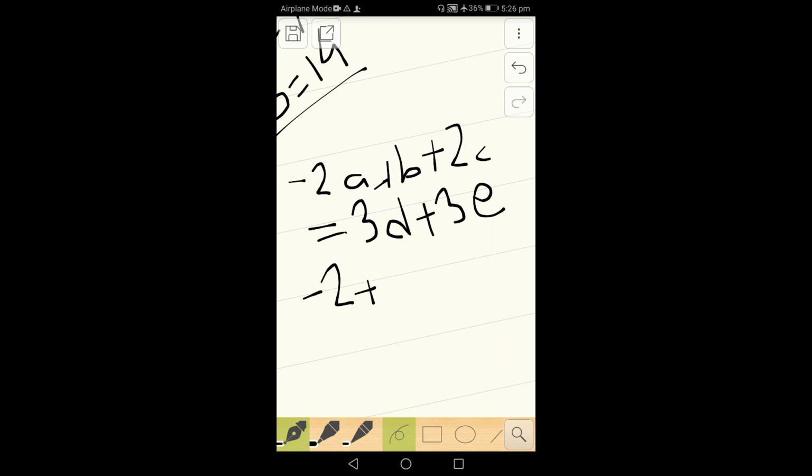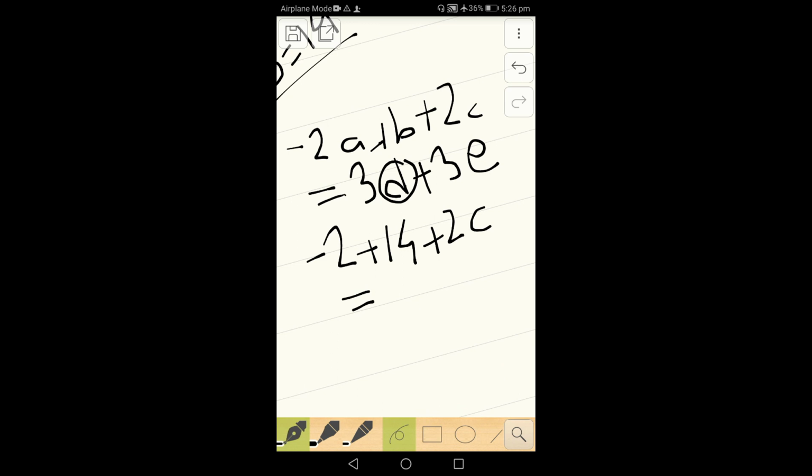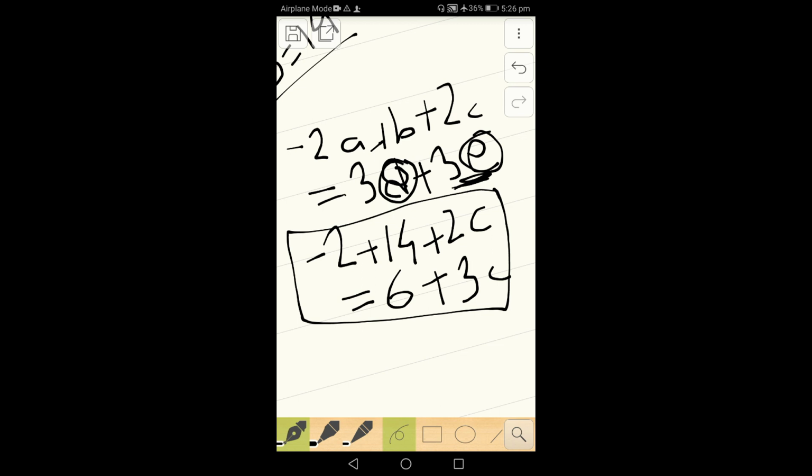So minus 2 plus 14 plus 2C must be equal to 2 into 3, which is 6, plus 3E, and since E and C are equal, we replace E by C. Solving this equation, you would get C is equal to 6, hopefully, if I'm not wrong.